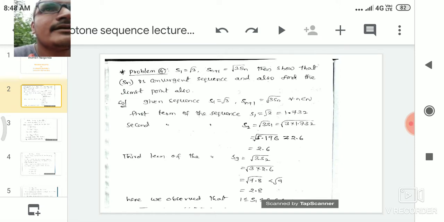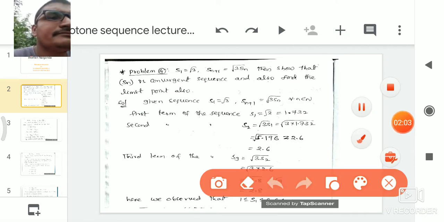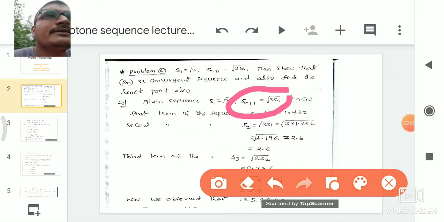Next we find the second term of the sequence. For that we substitute n is equal to 1 in the recursion formula Sn plus 1 is equal to root of 3 into Sn.